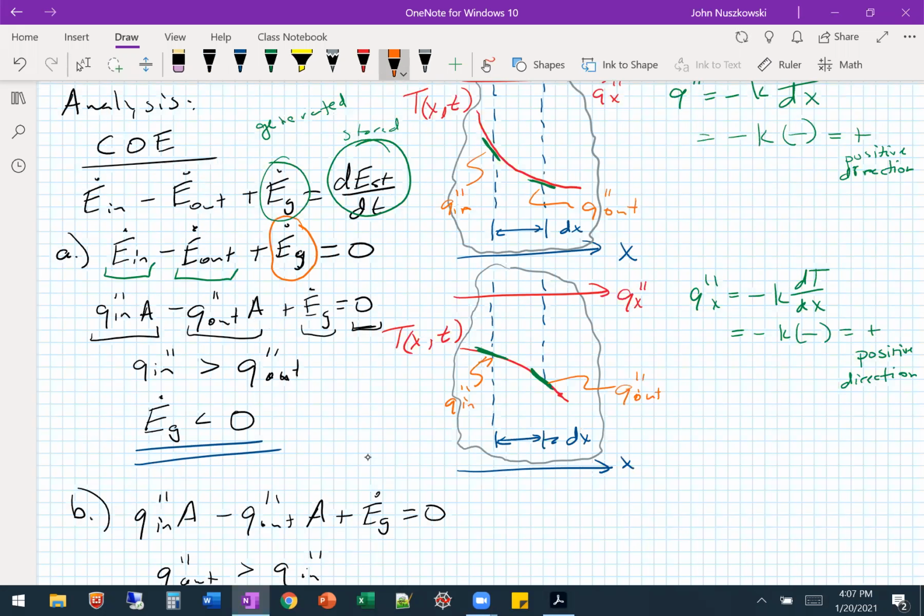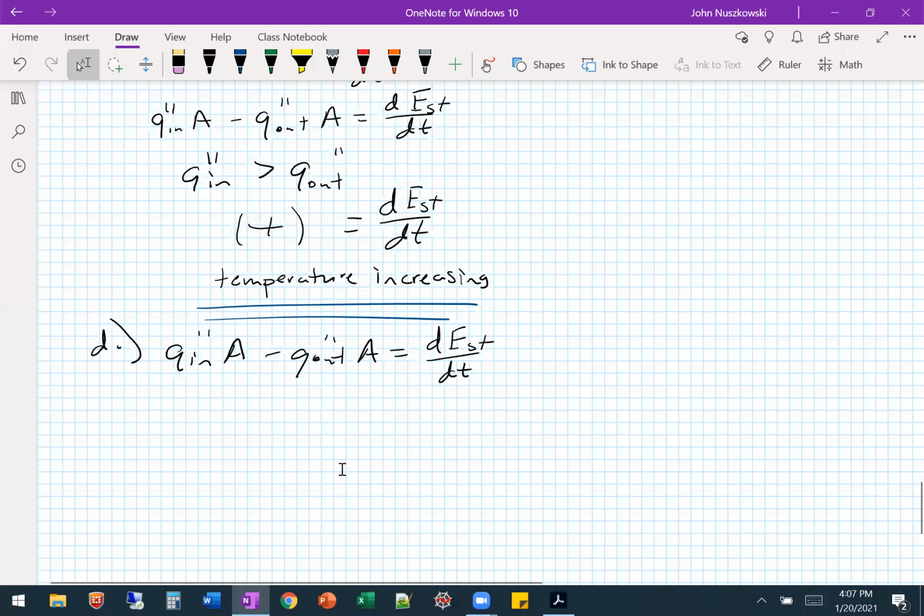So which is greater? Out is greater than in. Yeah, the out is greater than the in. So that means we get a negative.